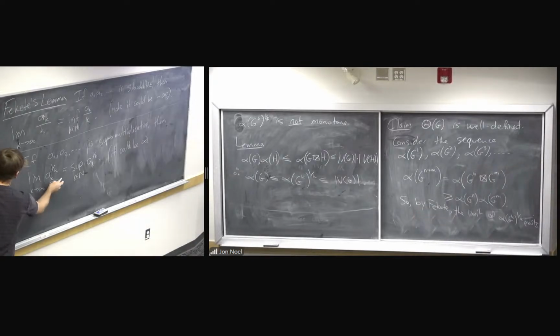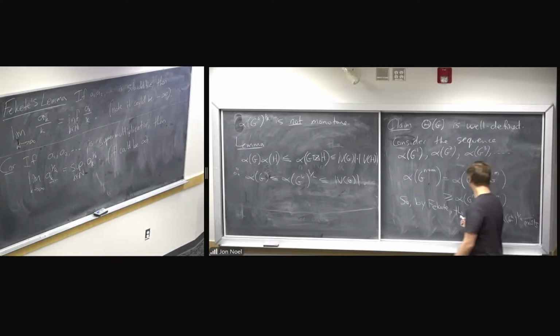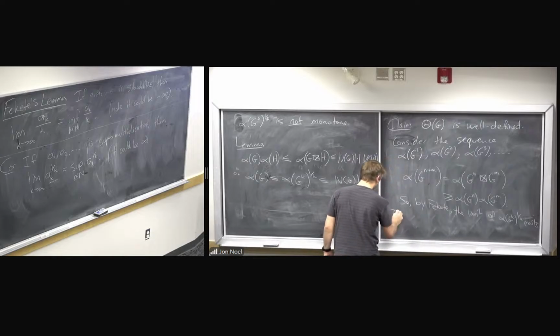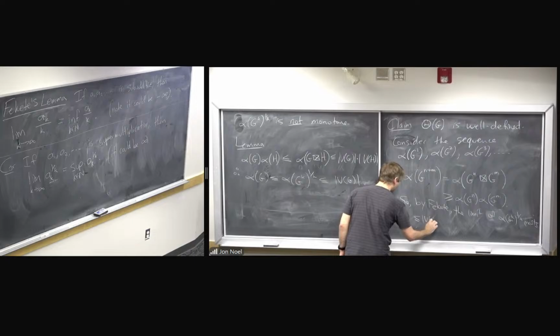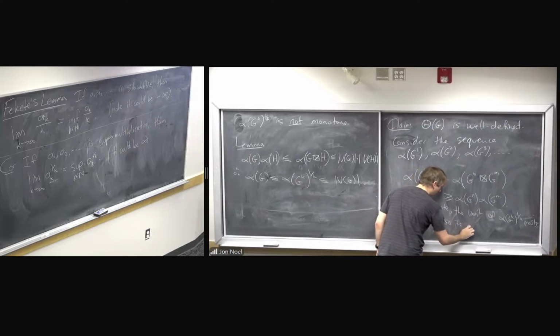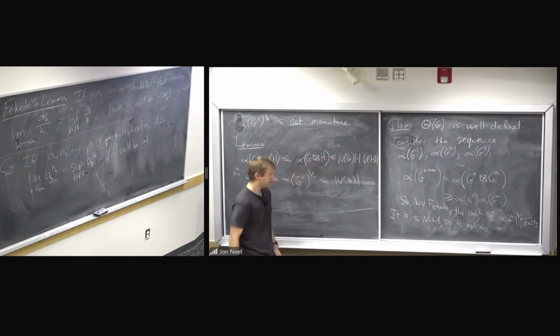This is the right thing. And it is going to be at most v of G, so it's not infinity. Okay, so the Shannon capacity exists, and it always outputs a real number.